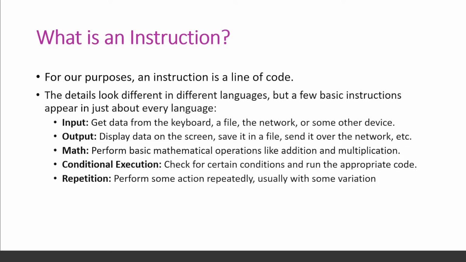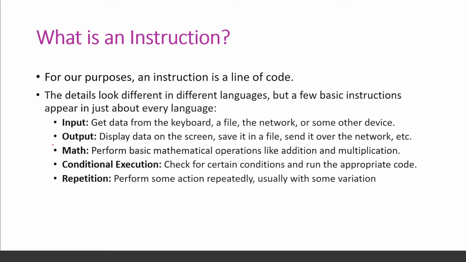Do mathematical operations, perform computations and calculations. Check conditions, so try to see if something is true or false, and then run some appropriate code based on that. And then repetition, the ability to do something over and over again without actually having to spell it all out.